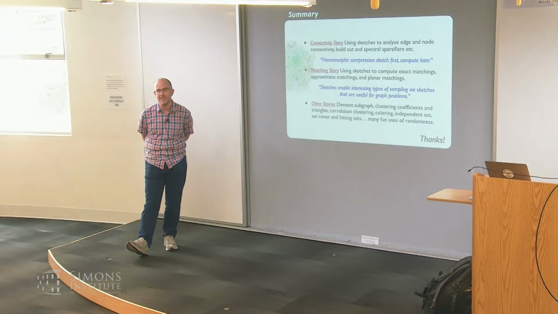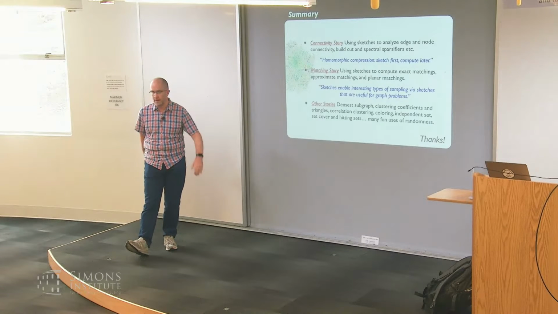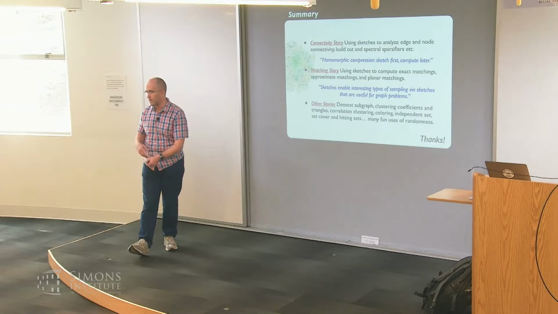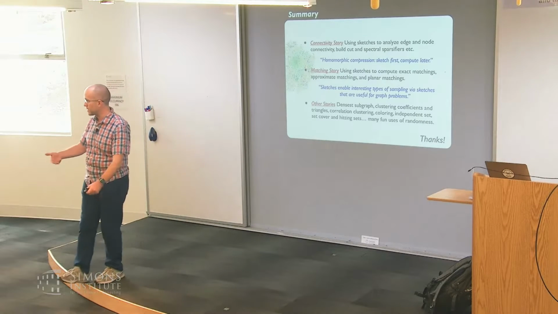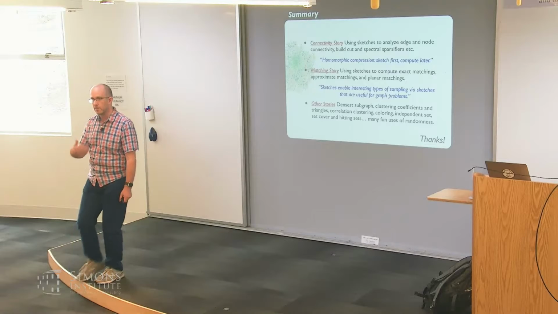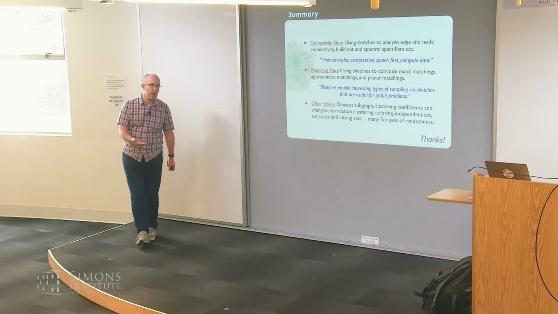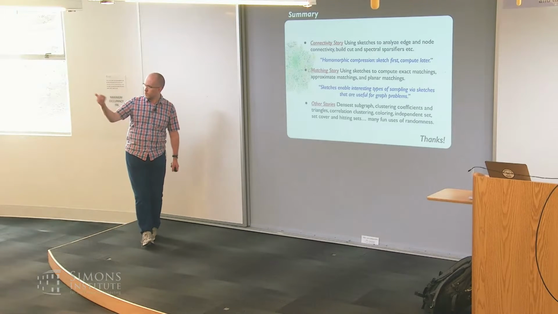I think it's got to be spanners. I mentioned that about 20 years ago, we had that simple algorithm for estimating all distances up to a factor 2t minus 1, and the algorithm used n to the 1 plus 1 over t space.